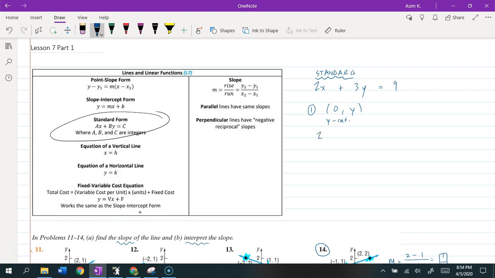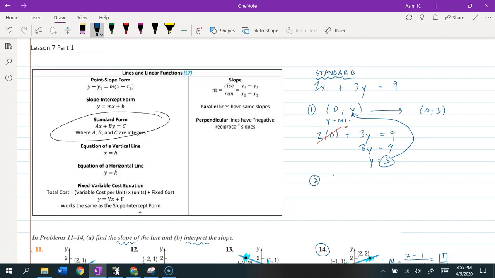You have 2 times 0 plus 3 times y is equal to 9. And 2 times 0 is simply 0. So you have an equation to solve: 3y is equal to 9. Therefore, y is equal to 3. So this line is going through the point 0, comma 3.